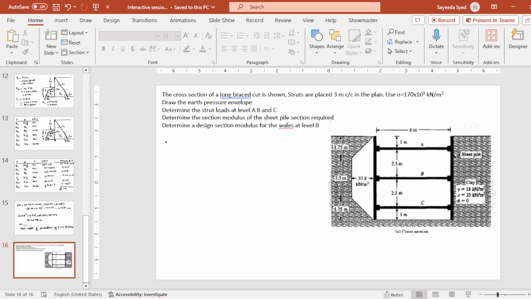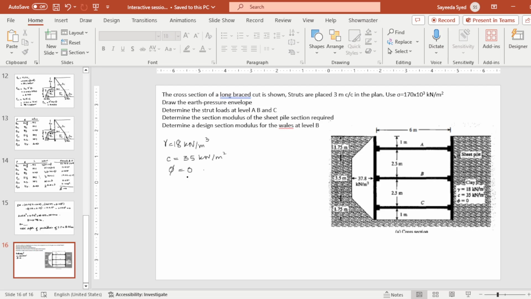Okay, so for the first part, gamma has been given as 18, C is 35 and phi is 0. So we see that this is not a sandy soil because the phi is 0.